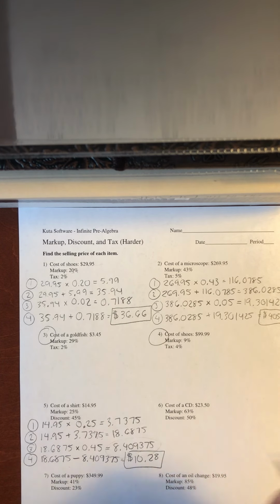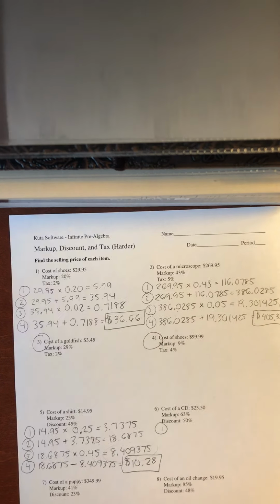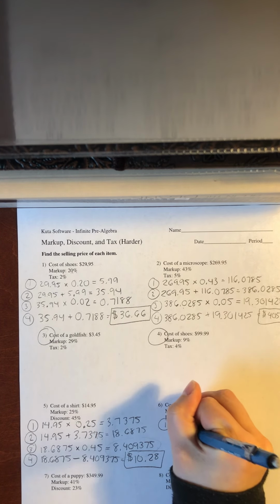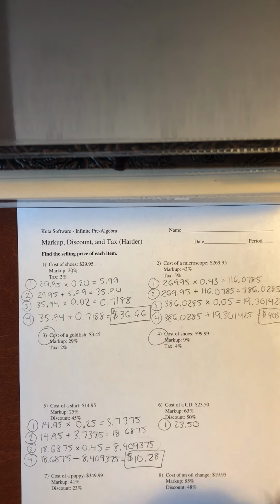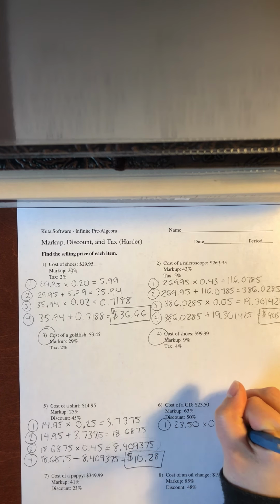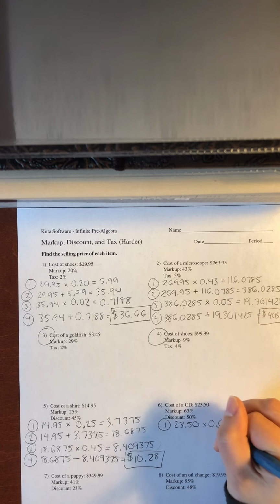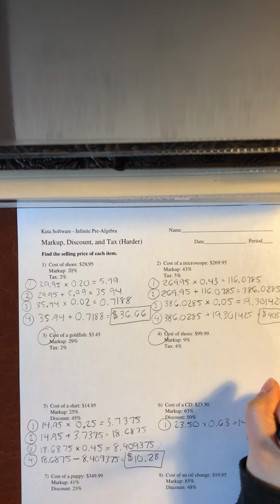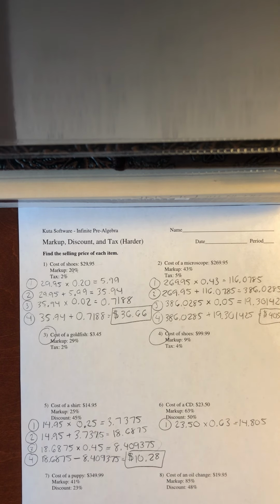Let's do this one together. Step 1, cost of CD, $23.50 times a 63% markup, so 0.63 equals 14.805. Make sure you're doing all this in the calculator with me.